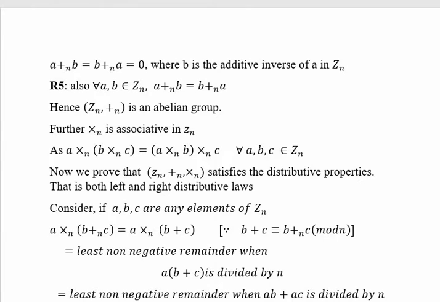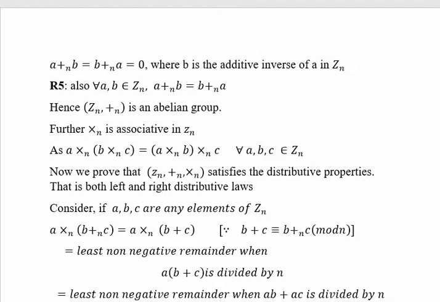A ×n (B +n C) is always equal to A ×n (B + C), in which B +n C is congruent to the regular addition B + C modulo n. And this is also equal to the least non-negative remainder when the usual multiplication A into (B + C) is divided by n.